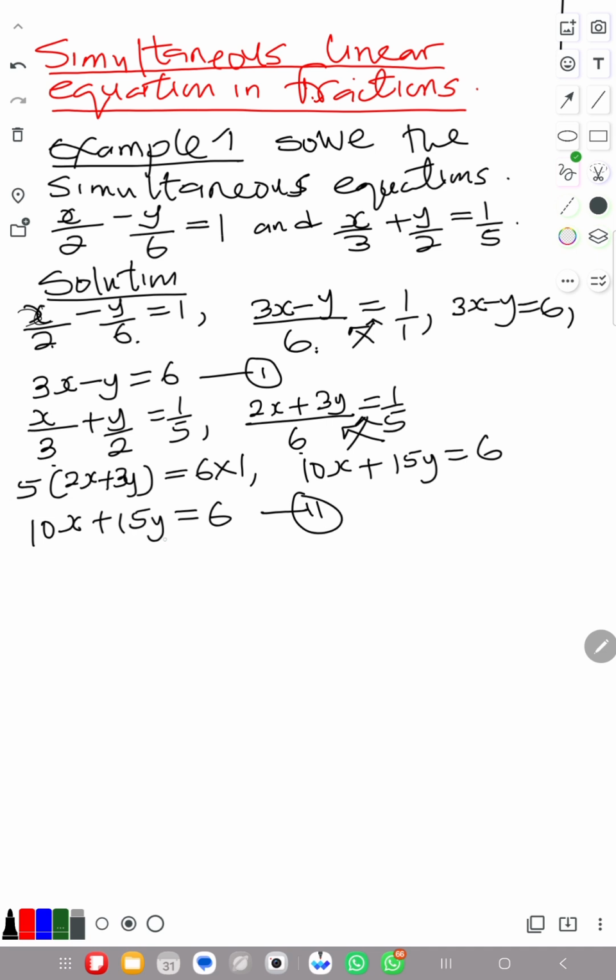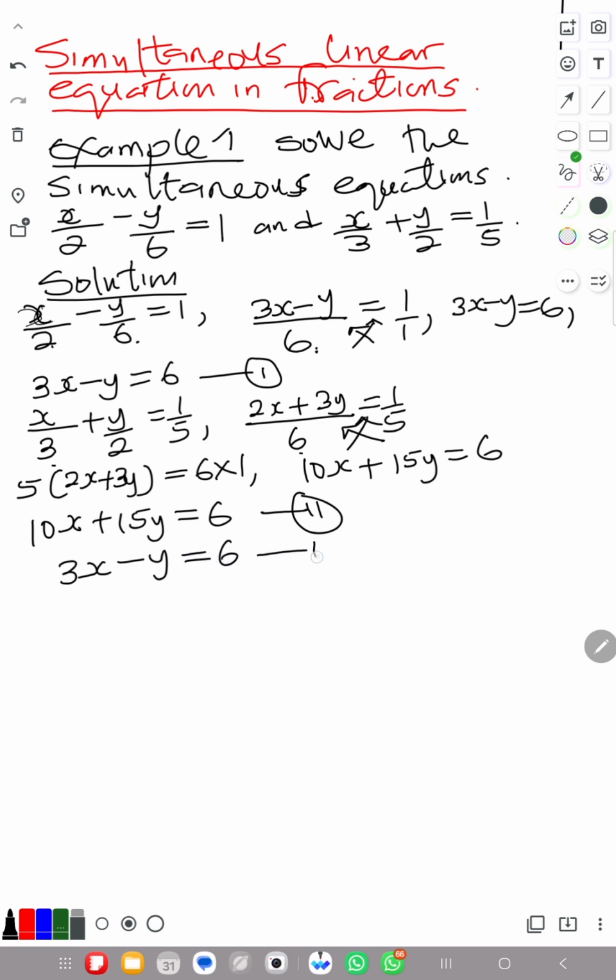Let's move on. I will combine both equation 1 and 2 and use any of the methods. So 3x minus y is equal to 6.